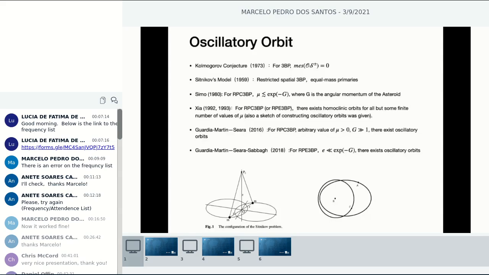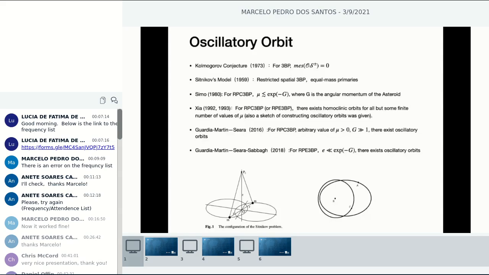So basically, if we adjust to a suitable eccentricity of the primaries, we can get some oscillatory orbits for the massless body.